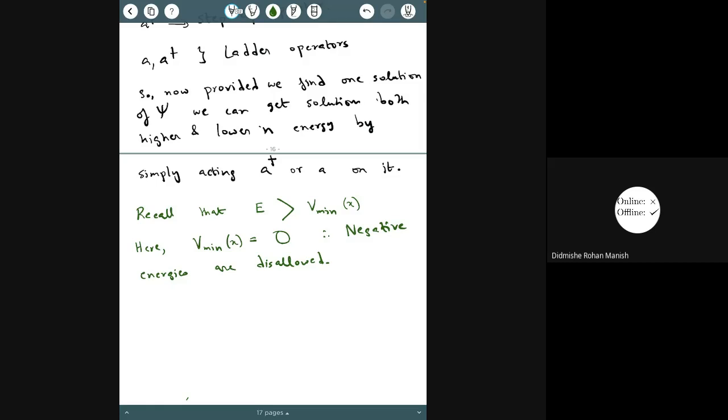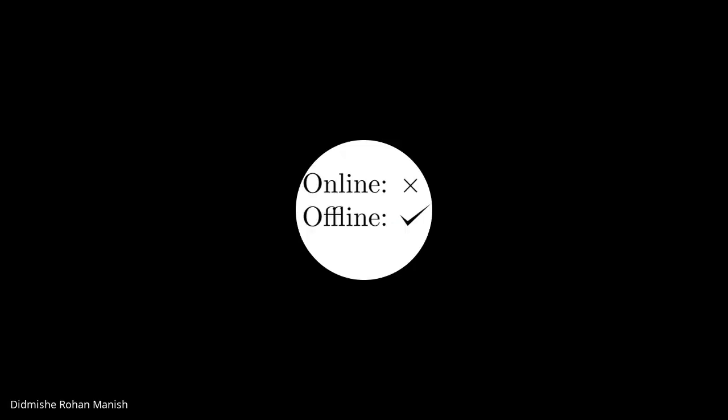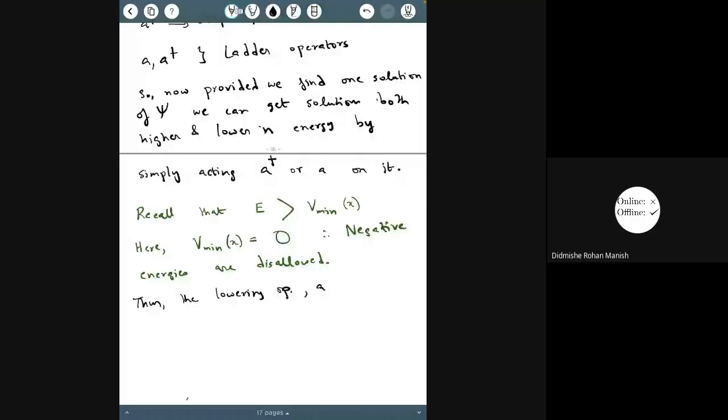It cannot be negative, so we'll know when we reach the ground state. Thus, the lowering operator A must fail at some point. So what do we mean by fail?